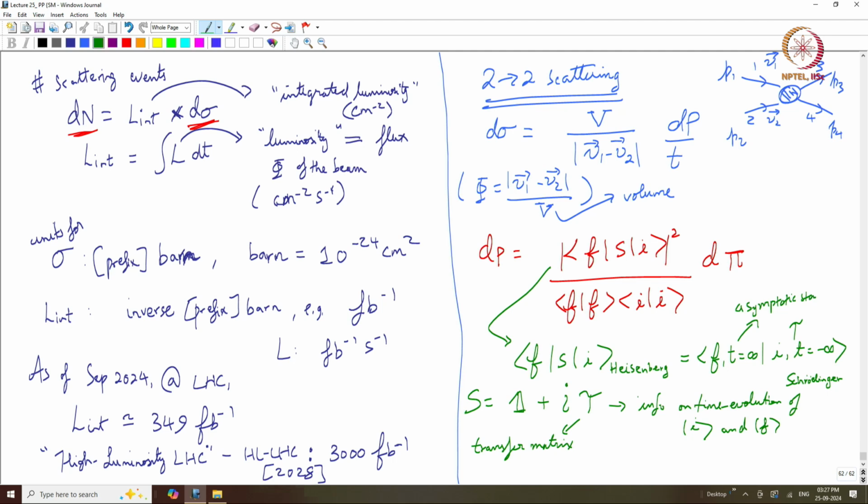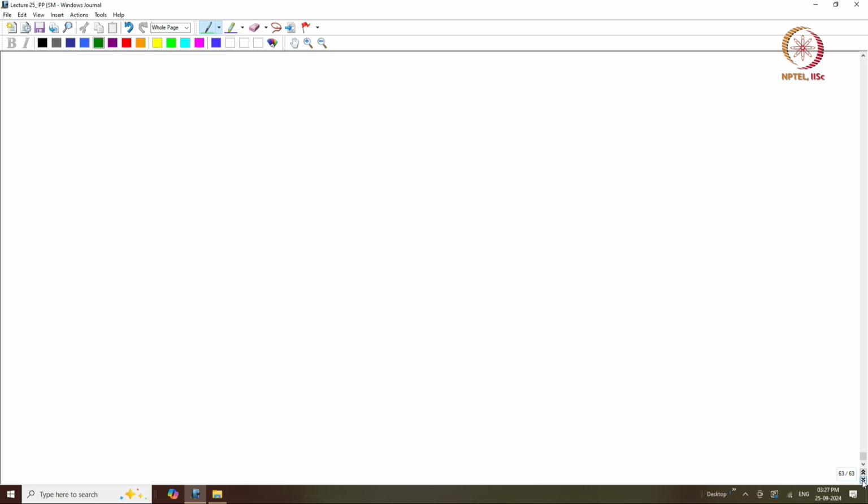So if you have forgotten all this, go back to your quantum mechanics or advanced quantum mechanics or whatever and refresh your memory on these concepts. Given that I have to take the correct norm, that is what I have done in the denominator, right. I have taken the self norm of the final state and the self norm of the initial state also, and then I multiplied it with this weird d pi. What is that? That is another crucial ingredient in all this.